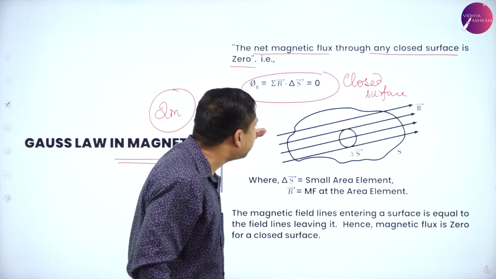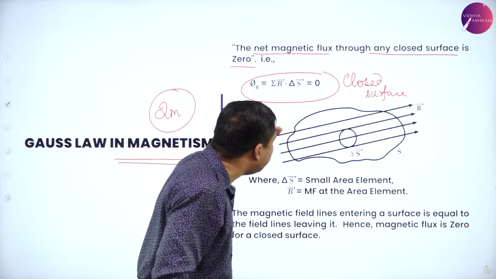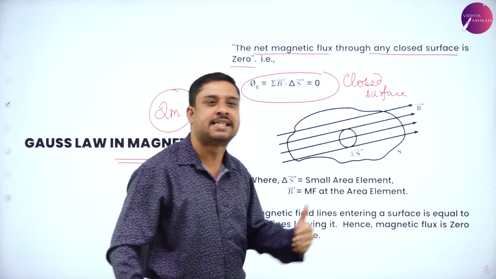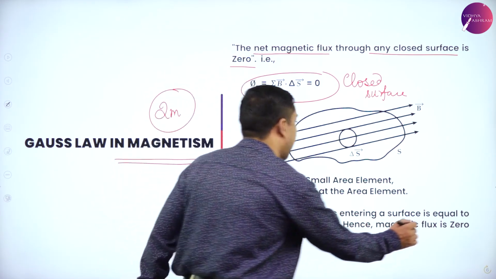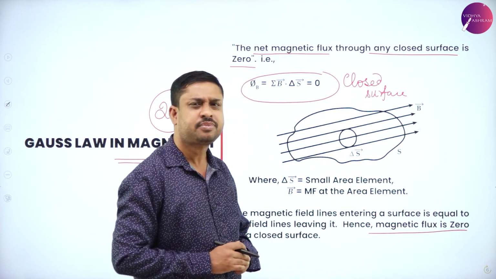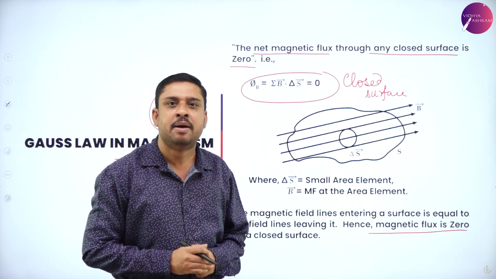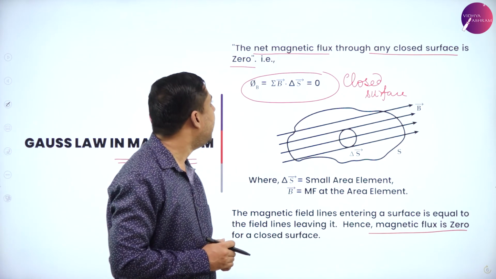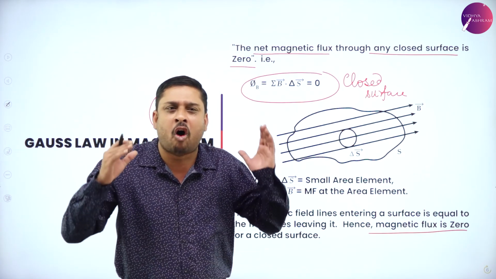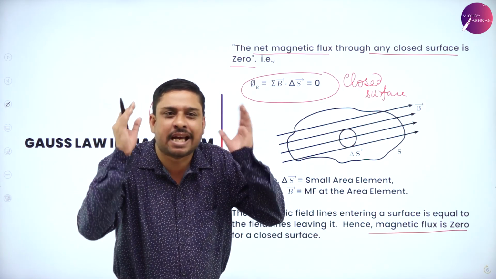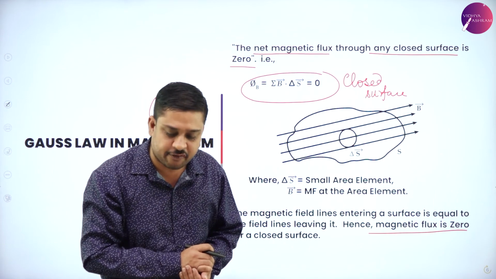Whichever magnetic field line enters the element of the surface will leave the surface, come out of the surface, hence magnetic flux is zero. So, very clearly we have understood from Gauss law that the net magnetic flux across any closed surface should be zero. Why? All the magnetic field lines which enter the surface will also be coming out of the surface.